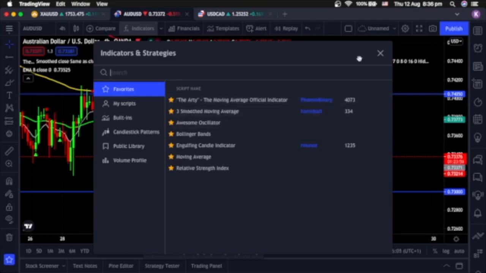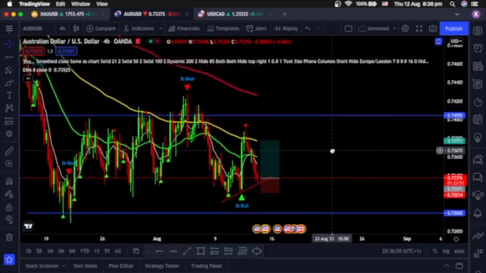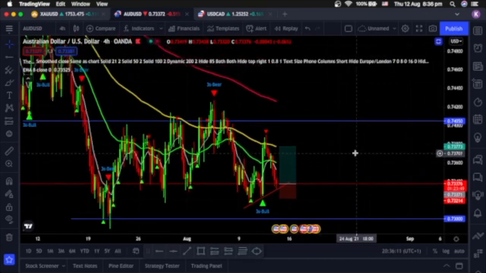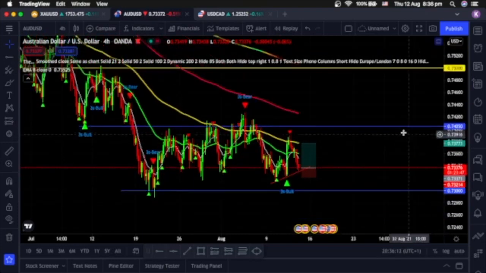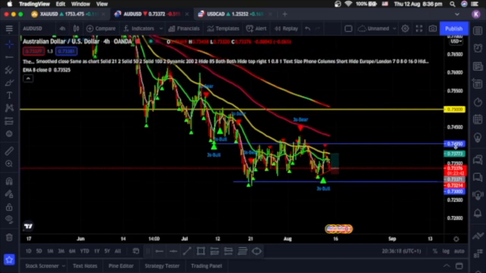I usually use that, and what it really is, is four smooth moving averages.